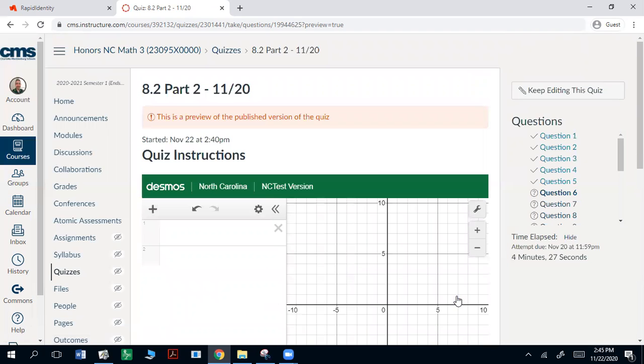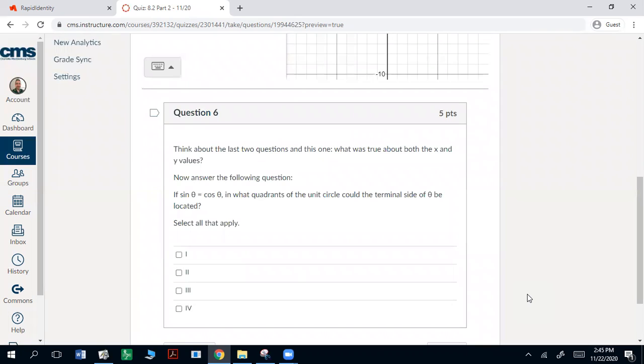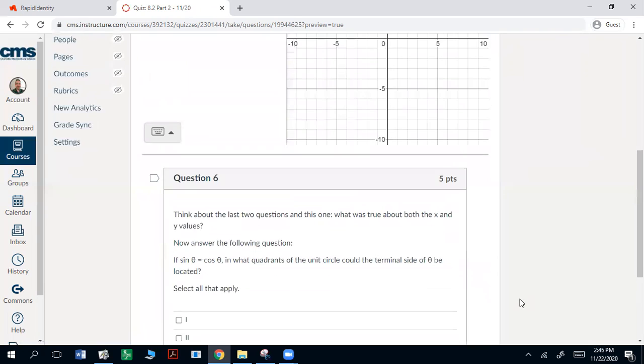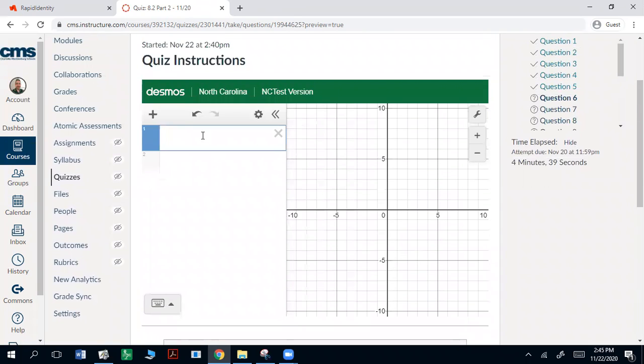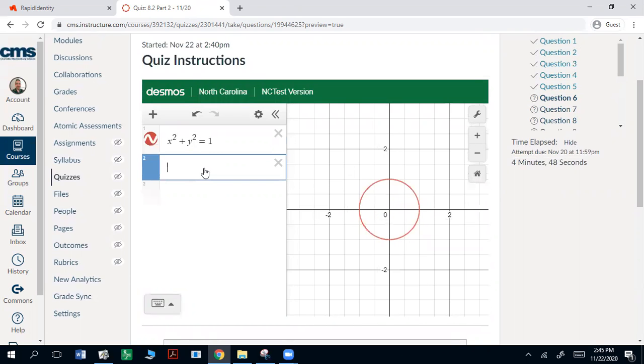So the idea behind the next question is just getting you to think about it. Where do the sine and cosine equal each other? Well, that both occurs in the 2 quadrants we were at. So just kind of looking at the unit circle again, x squared plus y squared equals 1. What you can do is you can say cosine A, and sine A, in parentheses.